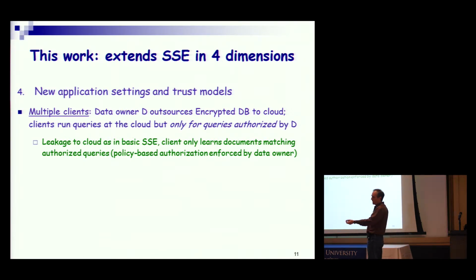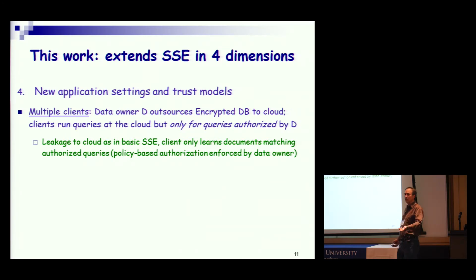So the client will come to the data owner or a proxy, someone representing the data owner, and will come with a query. The data owner will see if that entity is allowed to do that query, and if so, it will give tokens for searching the data at the server.